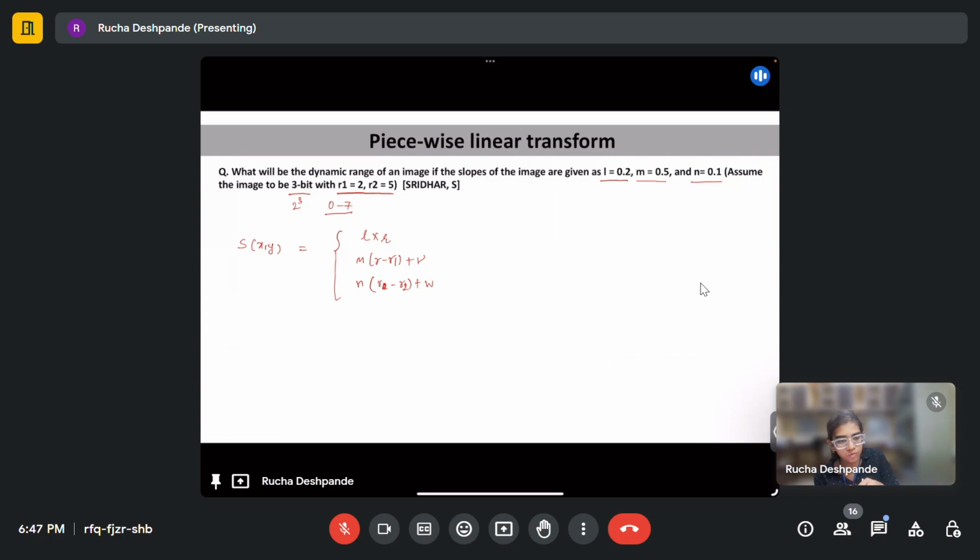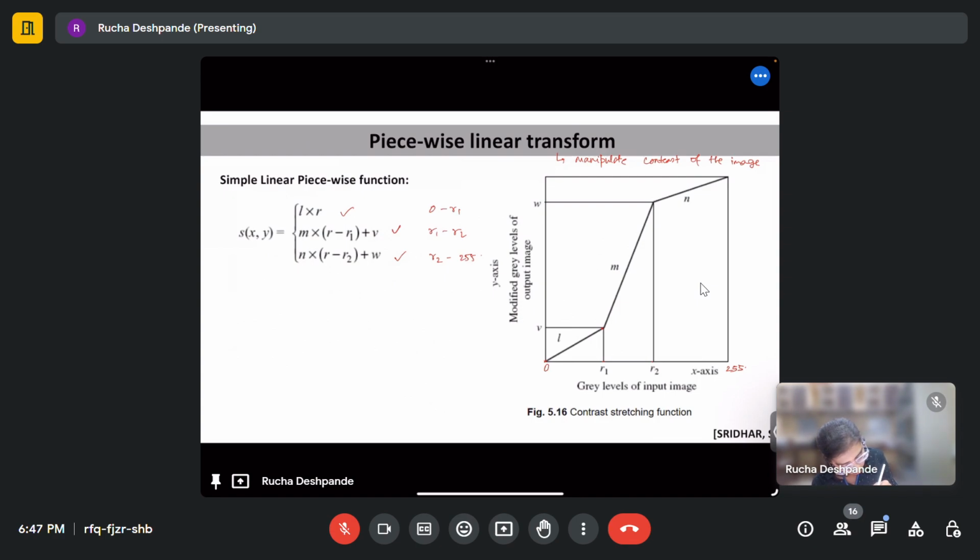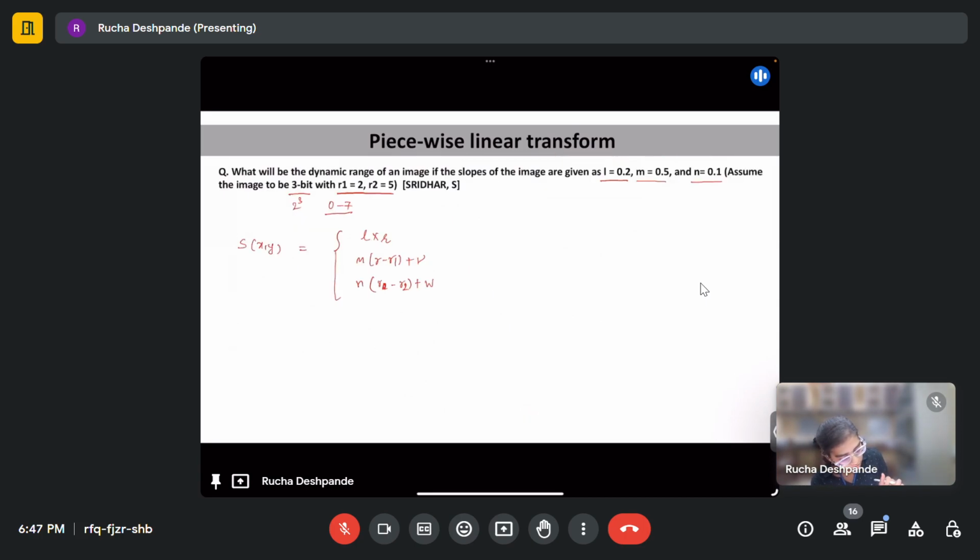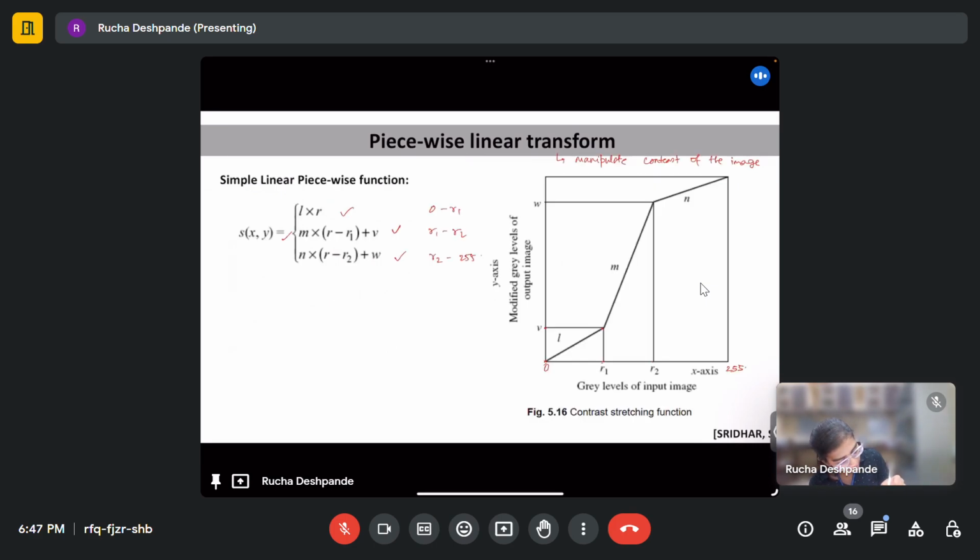So this v and w, v will be the value corresponding to this function at r1, and w will be the value corresponding to this second equation at r2.